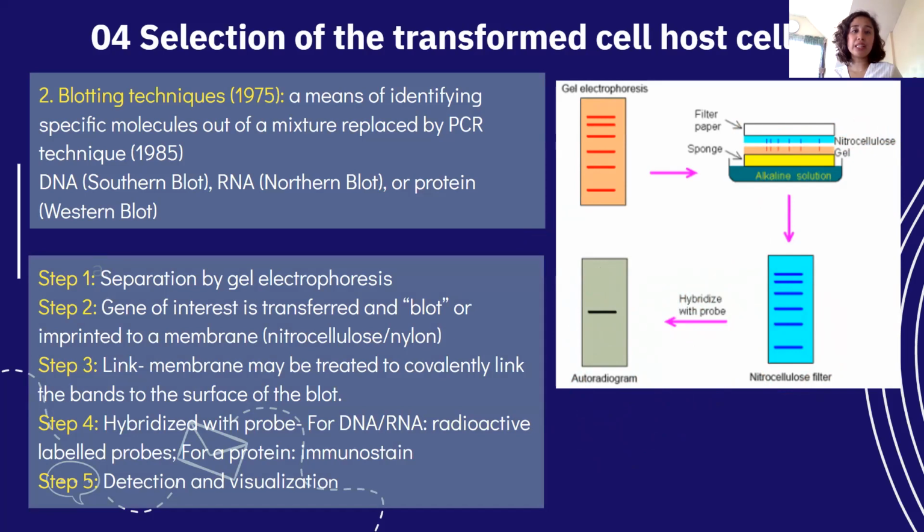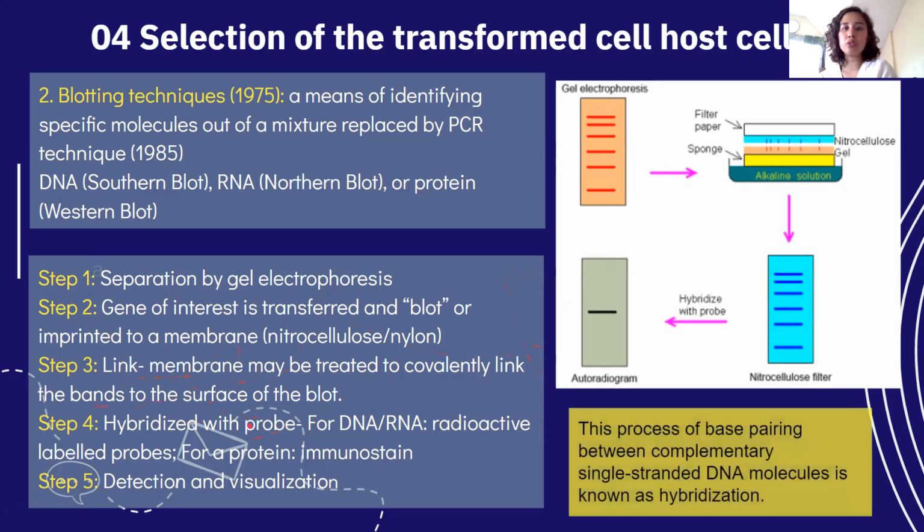Step 2, gene of interest is transferred and blotted or imprinted to a membrane, nitrocellulose or nylon. So, para dun mikit yung gene of interest, yung blot, yan, the membrane may be treated to covalently link the bonds para hindi matanggal. Then you will use a probe.